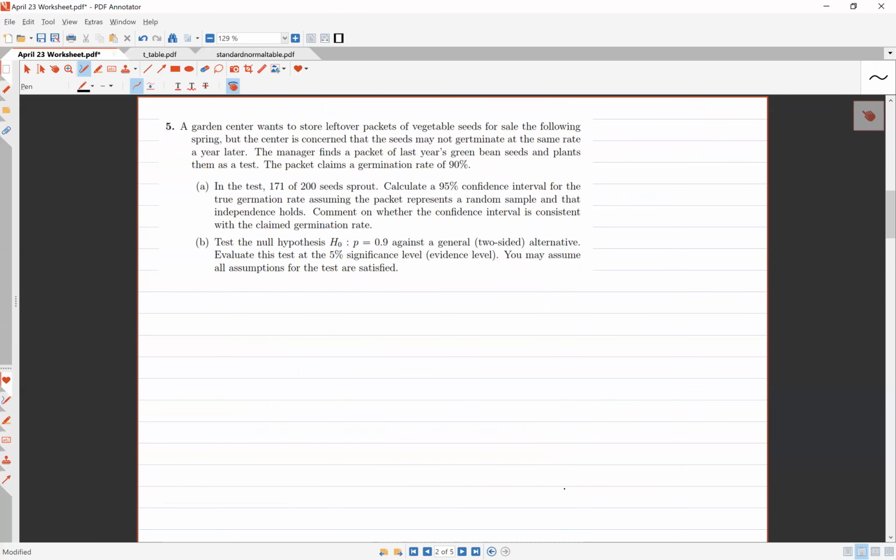Let's move on to our next one, problem number 5. Now, what we're getting into with problems number 5 and 6 is looking at the similarities and the differences between using confidence intervals and using hypothesis testing, because they're two different approaches to trying and answering the same types of questions.